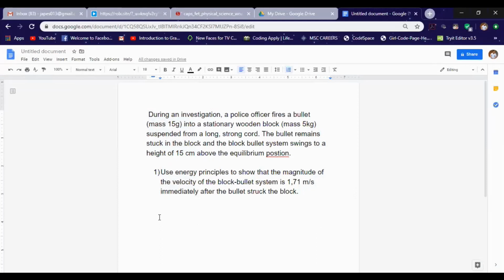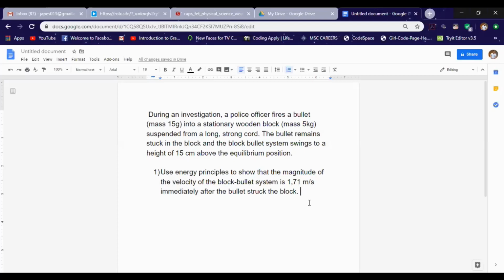Right, for this question: during an investigation, a police officer fires a bullet with a mass of 15 grams into a stationary wooden block with a mass of 5 kilograms, suspended from a long, strong cord. The bullet remains stuck in the block, and the block-bullet system swings to a height of 15 centimeters above the equilibrium position.